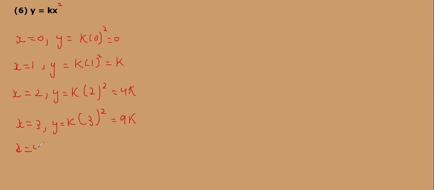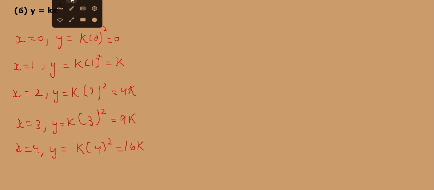Similarly, x value equal to 4, then y value comes out to be k into 4 square, that is 16k. So what you are observing is that the graph is increasing. The value of y is increasing very rapidly in this type of equation.